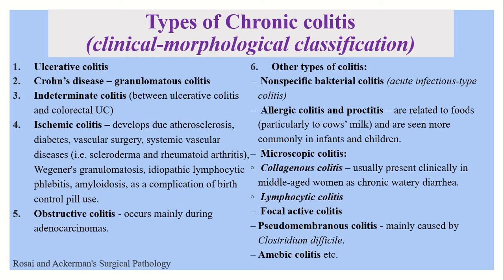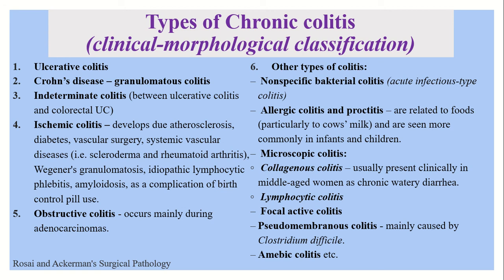Here I would like to present the clinical morphological classification of the types of chronic colitis. First, ulcerative colitis. Second, Crohn's disease, granulomatous colitis. Third, indeterminate colitis, which lies between ulcerative colitis and Crohn's colitis.